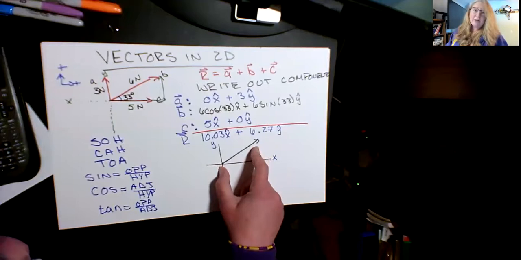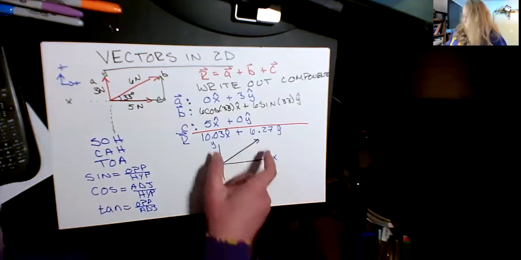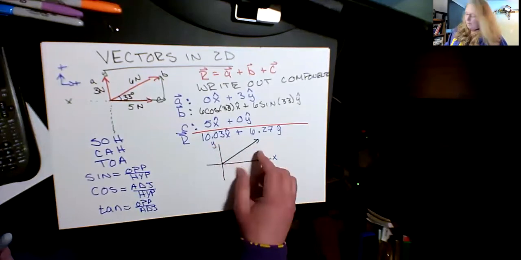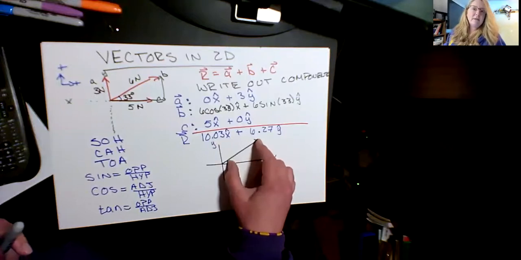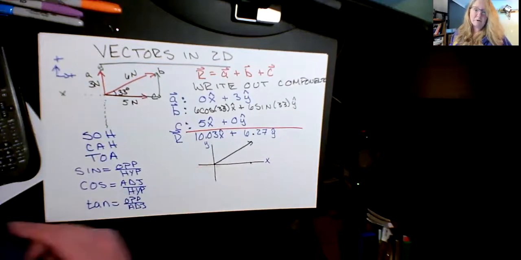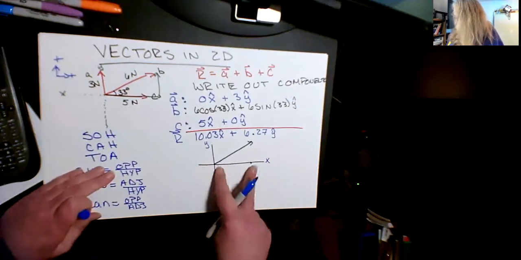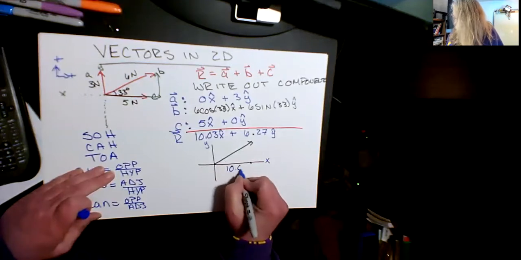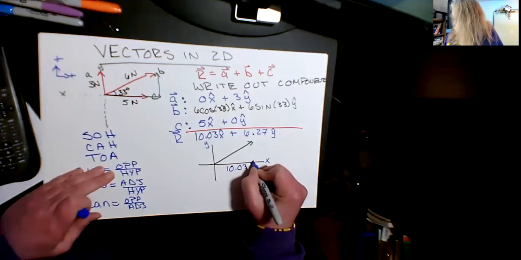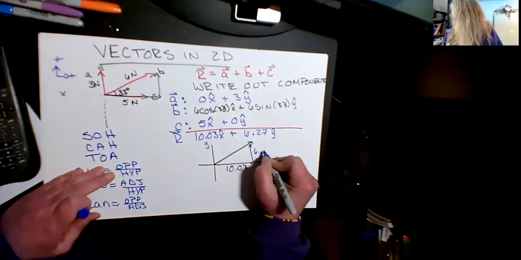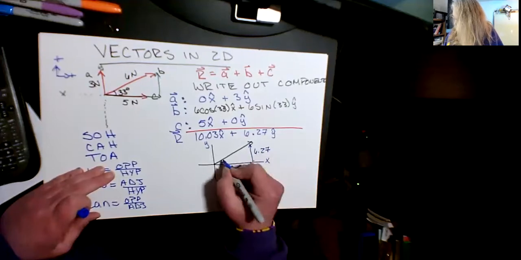Because math-wise, we get kind of excited about knowing where it lives, but the magnitude of this is what means the most to us. And you'll see why when we start doing forces in the next couple videos. So what do I have here? I have that this x length is 10.03, and then this y length is 6.27. So I want to do the math.